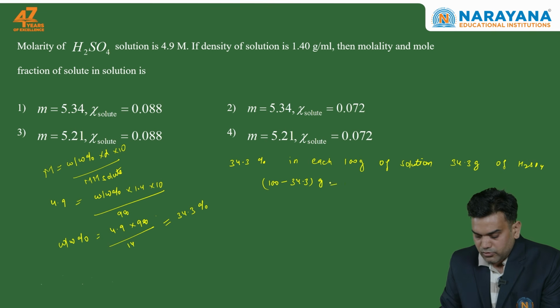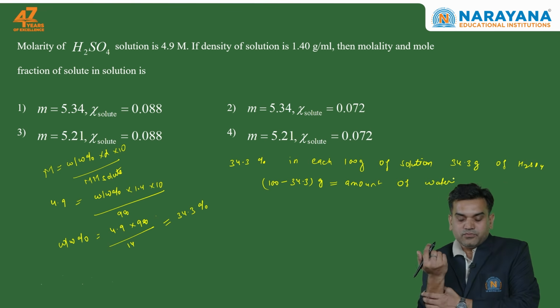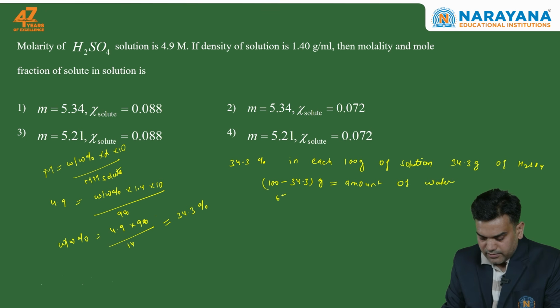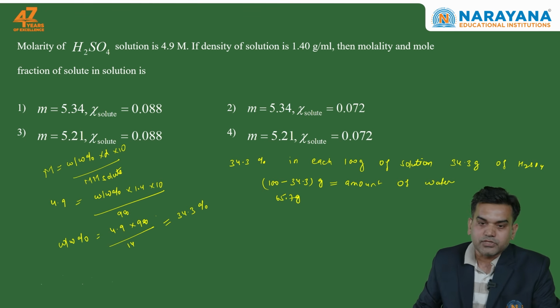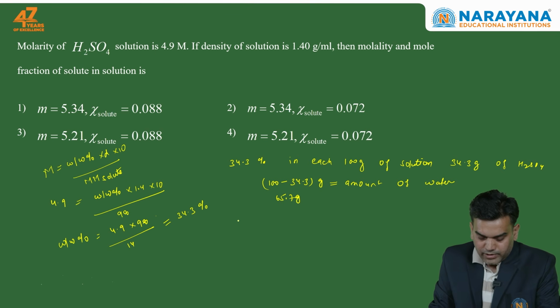This is the amount of water that we have, 65.7 grams. So we can say in each 100 grams of solution we have 34.3 grams of H2SO4 and the remaining 65.7 grams of water.